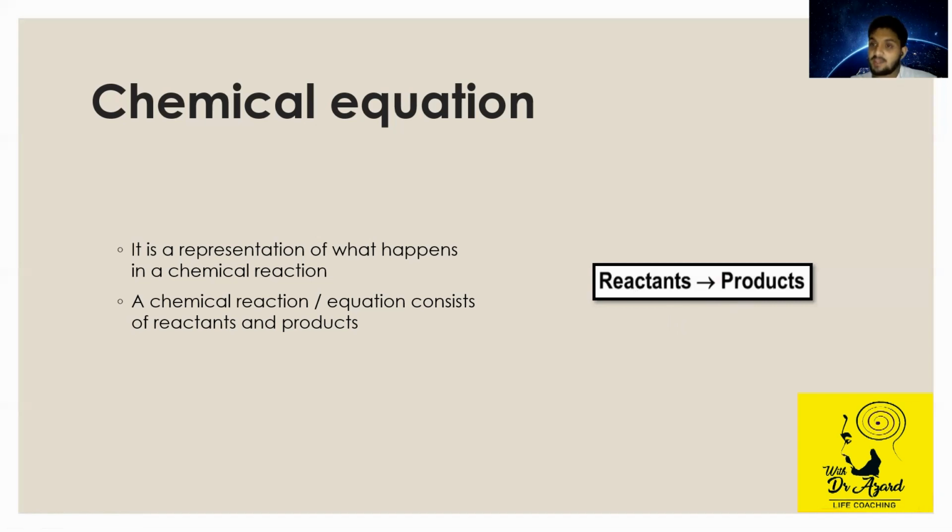But in chemical reactions, that's not the case, because the reactants are not the same as the products. When the reactants react with each other, they produce an entirely different product which has different chemical properties and different physical properties in comparison to the reactants. So that's why we are using this arrow.